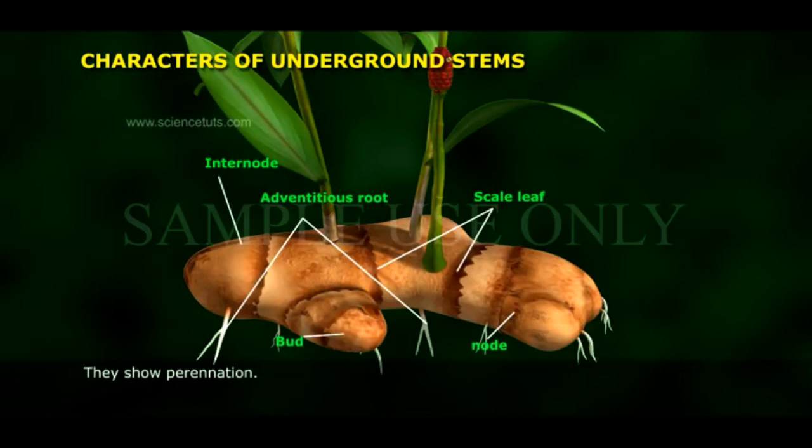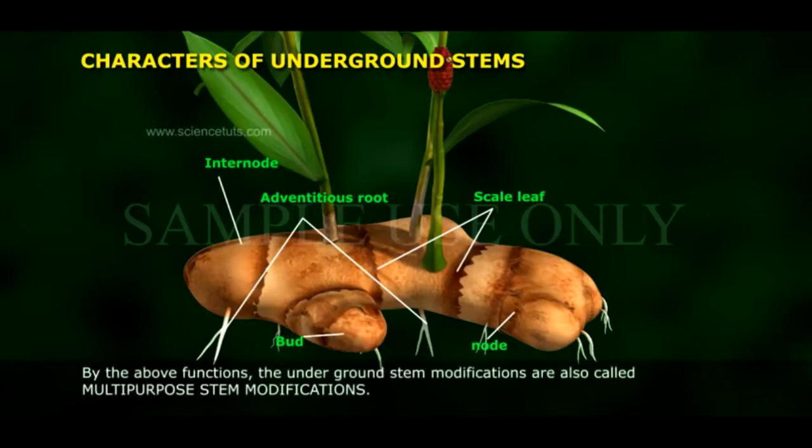They show perennation. They act as organs of vegetative propagation. They are protected from herbivores by being present in the soil. By the above functions, the underground stem modifications are also called multipurpose stem modifications.